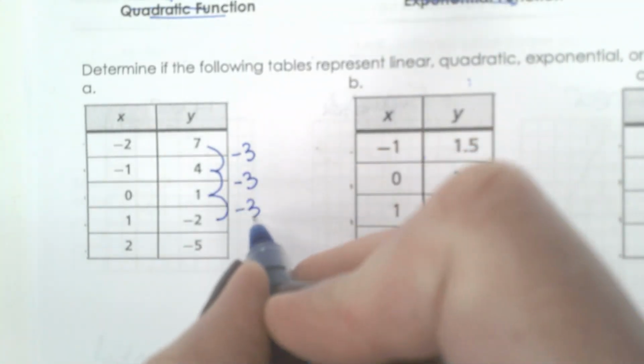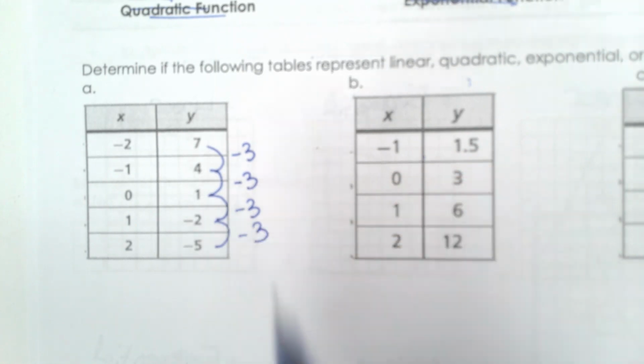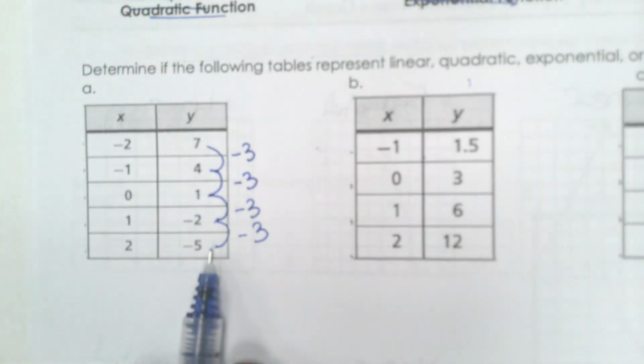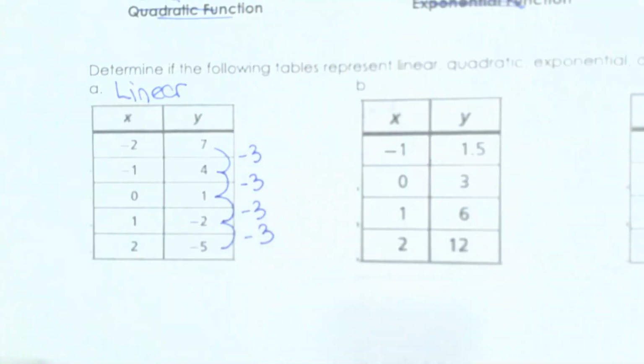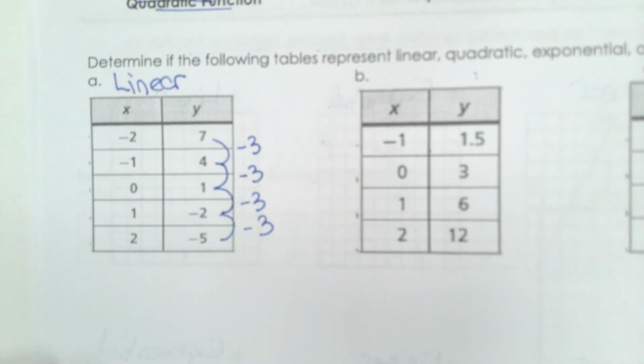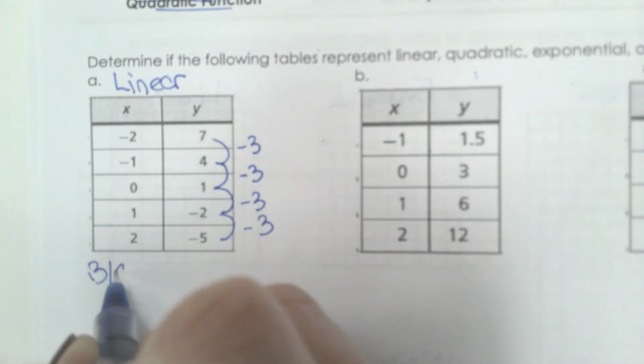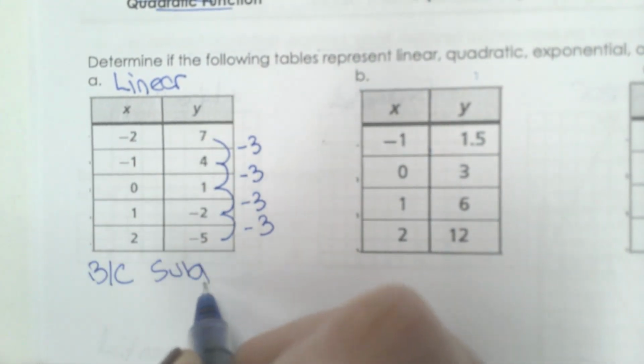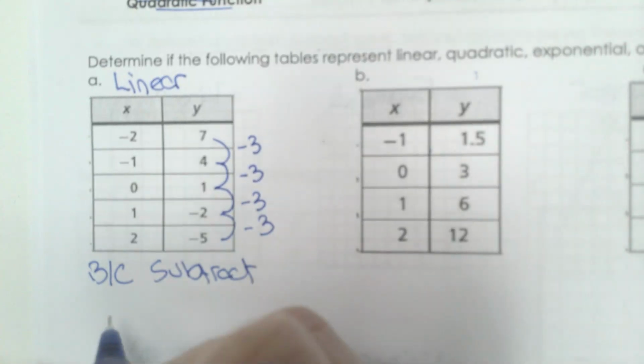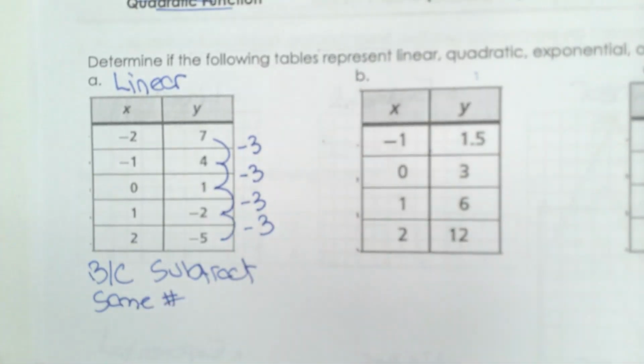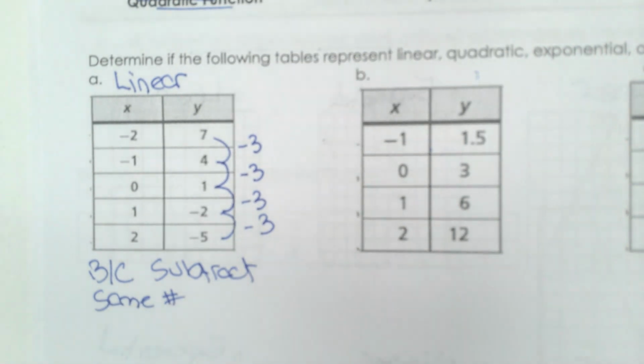That's also subtract 3. And then that's also subtract 3. And so this is an example of a linear function because I have to subtract the same number to get to the next y value. That's how I can tell that I have a linear function happening.